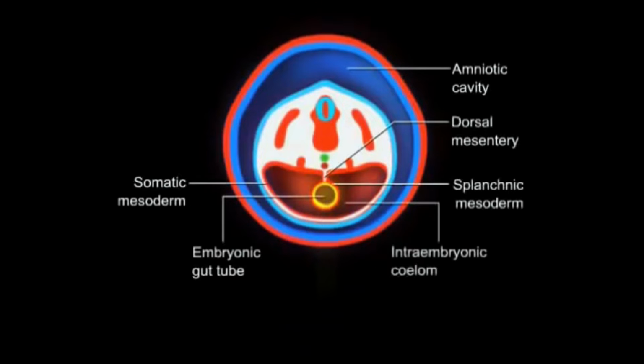And you can see here, the somatic mesoderm, it went with the ectoderm, and they form the lining of the abdomen. So in later development, the splanchnic mesoderm will form the muscles, and the somatic mesoderm that went with the ectoderm will also form the dermis of the skin. That's what happened between the two branches of the lateral plate mesoderm.